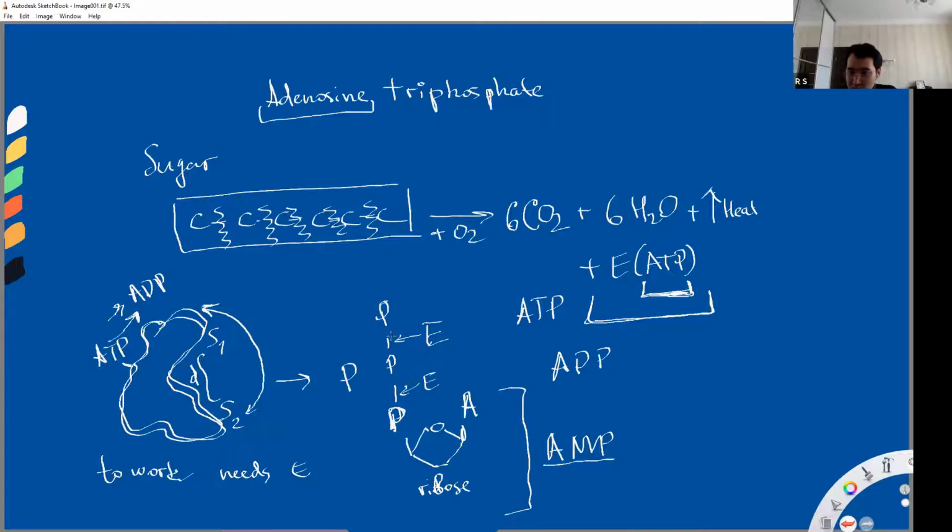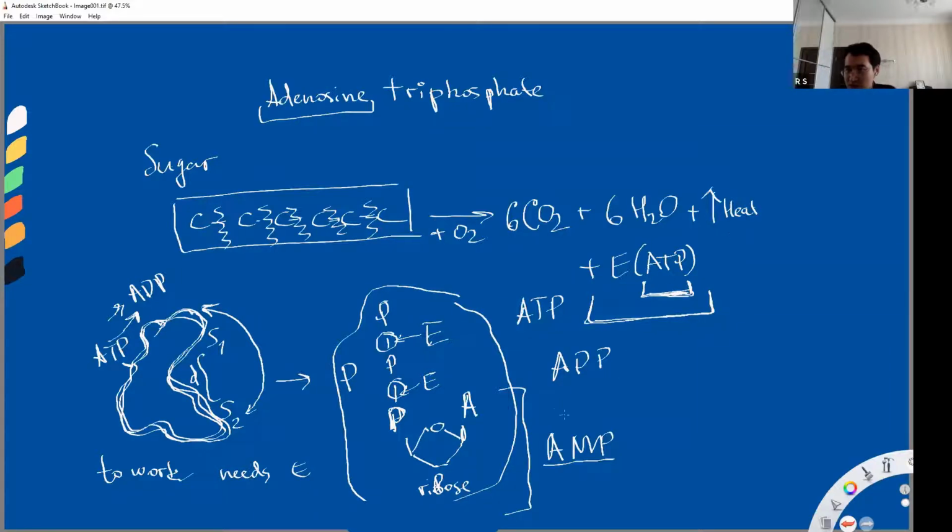And whenever we break these bonds, we can use this energy, either from this one or the two, in enzyme catalysis. So this is a very general, very usual molecule that is being used.